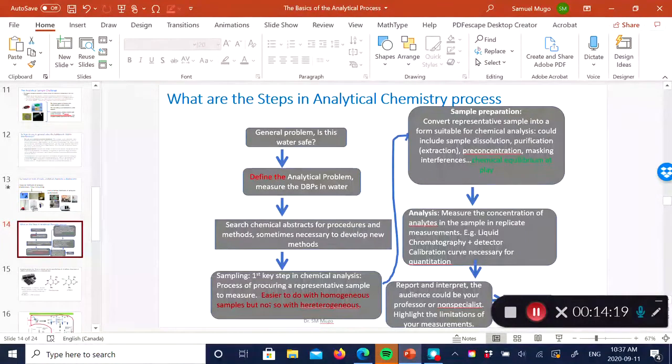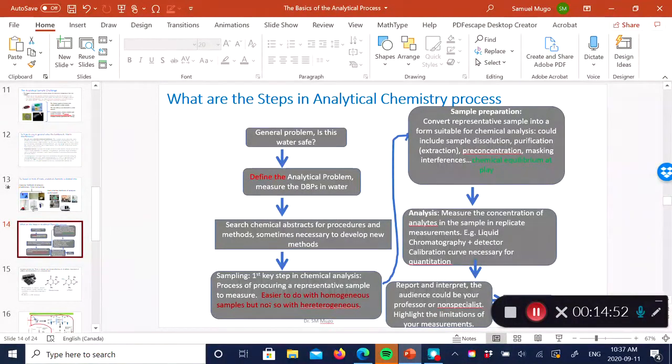Now, sampling is a critical step in chemical analysis because one indicator of a good sample is that the sample should be representative of what you're trying to measure. Now, if you're doing homogeneous types of samples, such as a river, it's less complicated, because the composition of the chemicals is homogeneous, meaning they are distributed evenly in the water.